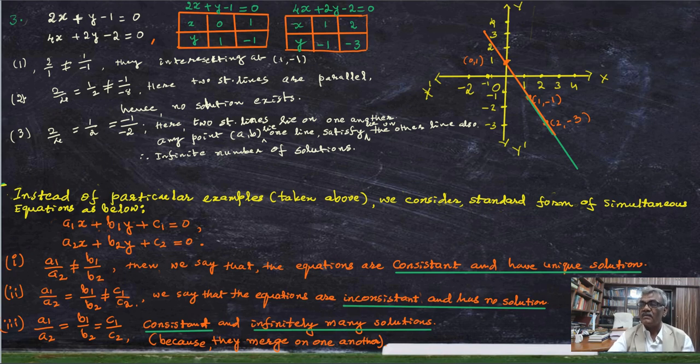This way we can classify a pair of linear equations in two variables, or simultaneous equations, into three categories. Category 1, having a unique solution. Category 2, don't have a solution. And category 3, infinitely many solutions.